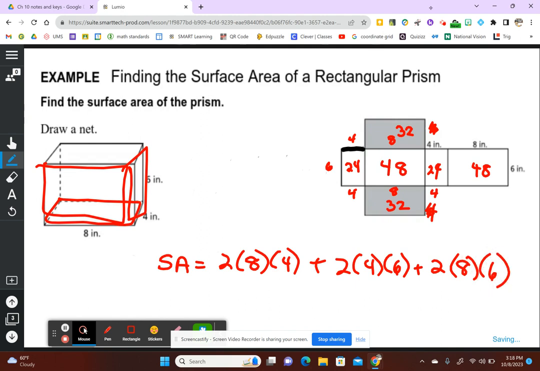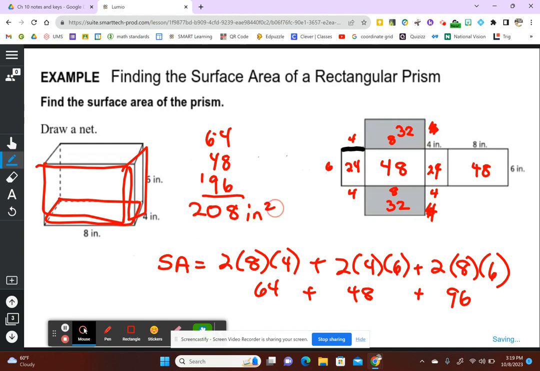This becomes 2 times 32 is 64. This is 48, and this is 96. If we add these all together, 64 plus 48 plus 96, we get 208. This surface area is 208 inches squared.